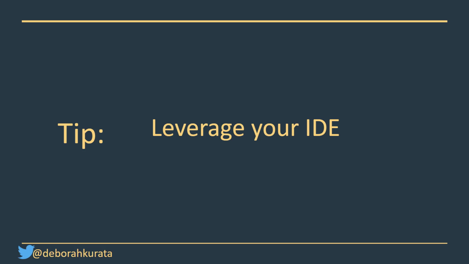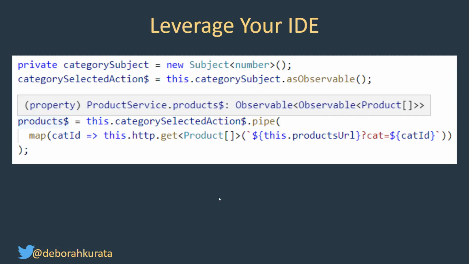How is your IDE going to help with this? Well, if we decided to try mapping, because that's usually the first thing we want to try, here's a screenshot from VS Code where I just tried a map there, and I have that same line of code.